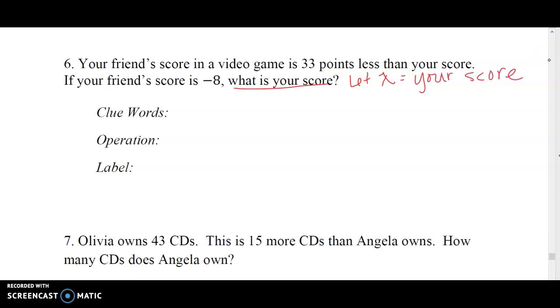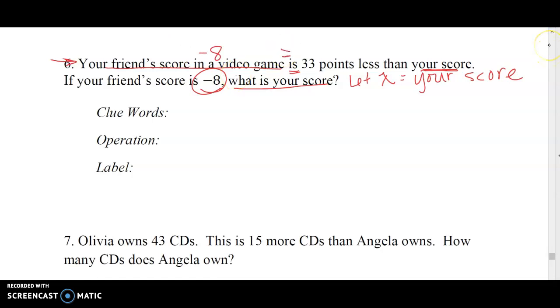So in this one, it says your friend's score in a video game is. So your friend's score is 33 points less than your score. Okay. Your friend's score is -8. So let's go back up to this first sentence. Your friend's score in a video game. Oh, that's -8 because it told me it was -8.